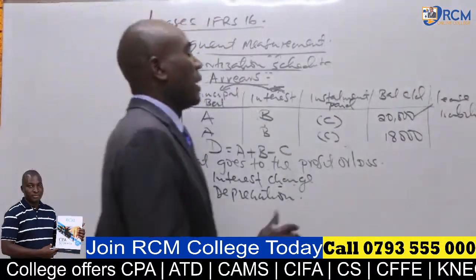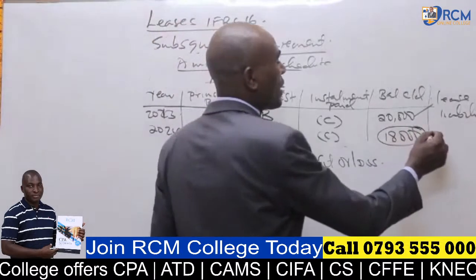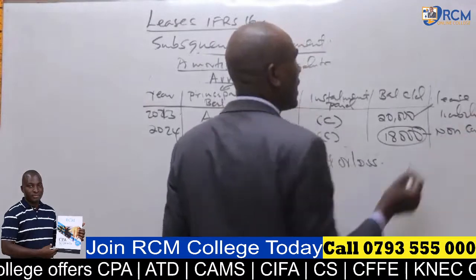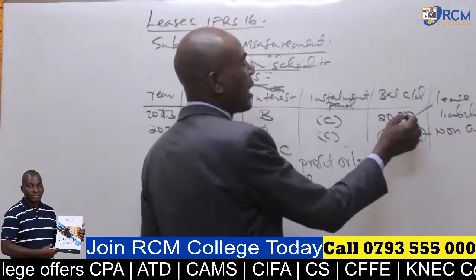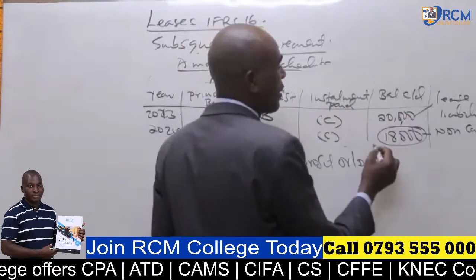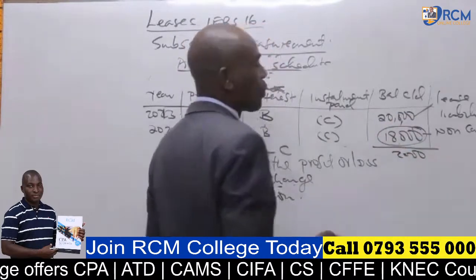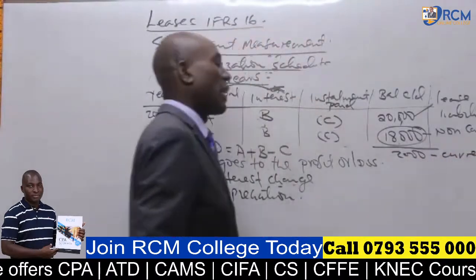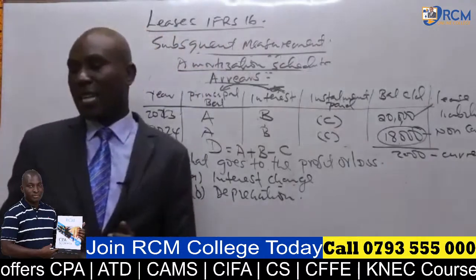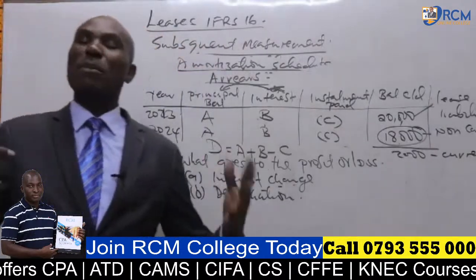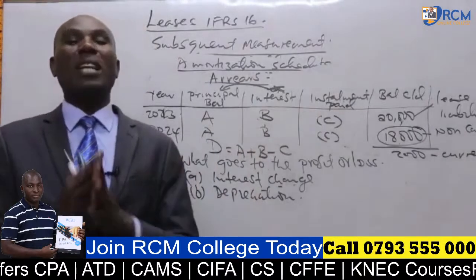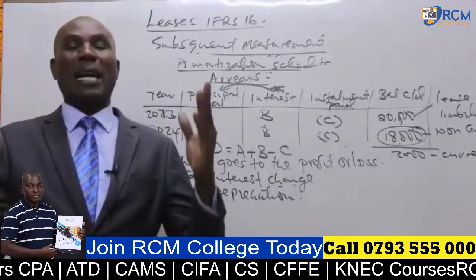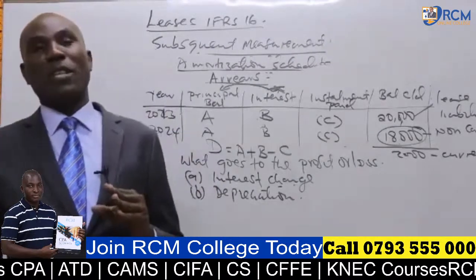Therefore, the one for year two is the non-current liability in the lease. Then the difference between year one and two, which is 2,000, is the current liability in the lease. I repeat, if the examiner wants you to prepare an amortization schedule and payments are made in arrears, you always prepare for the subsequent year.